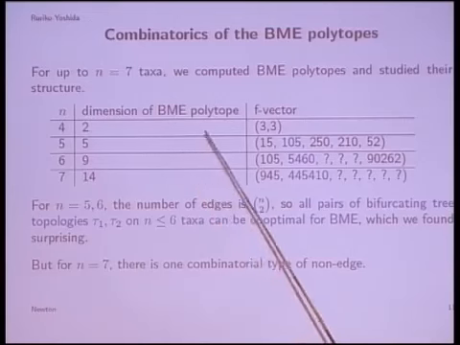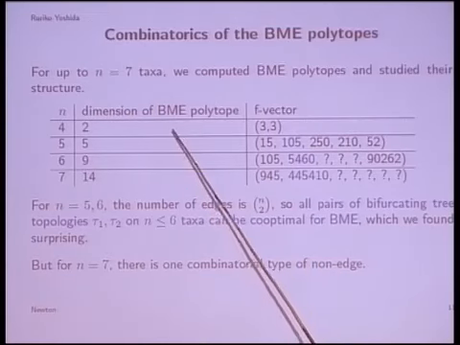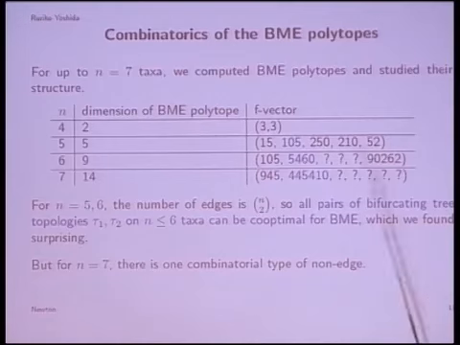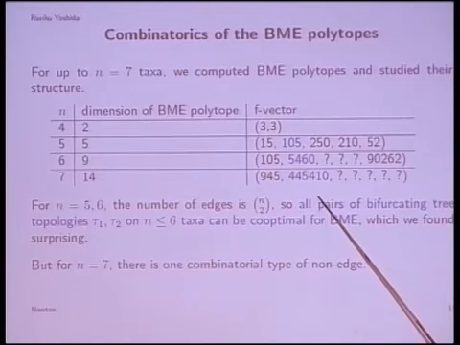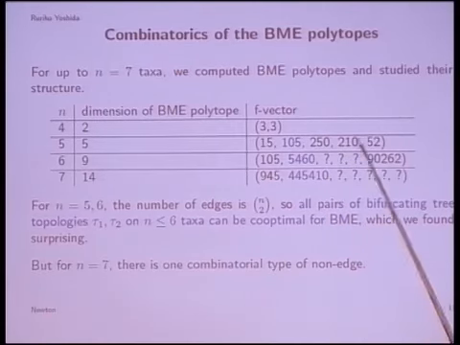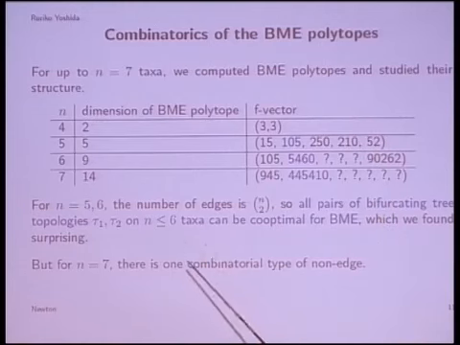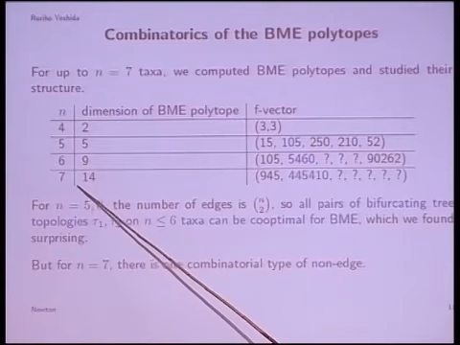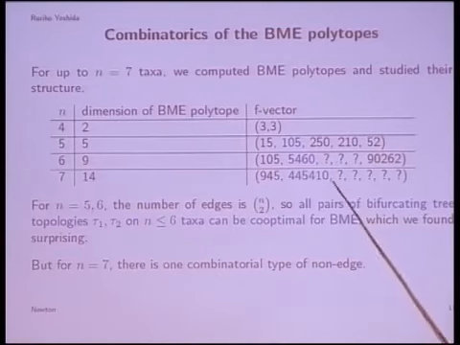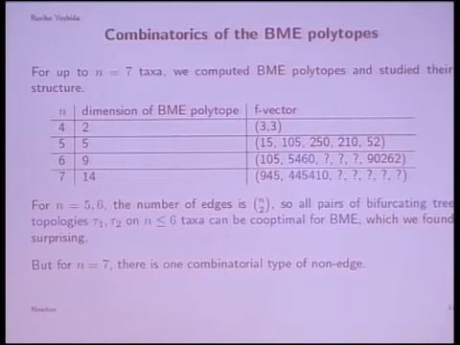So for n equals 7, we finally computed this information. But we are really interested in the combinatorial description of edges. I'm going to tell you why in a second. So for n = 4, 5, 6, 7 we have computed it, and we don't understand the actual values at all because this polytope is a monster.